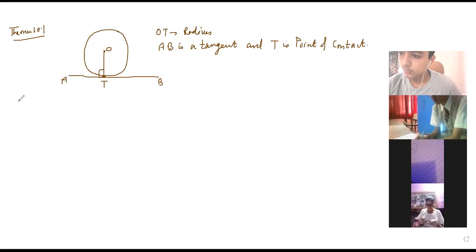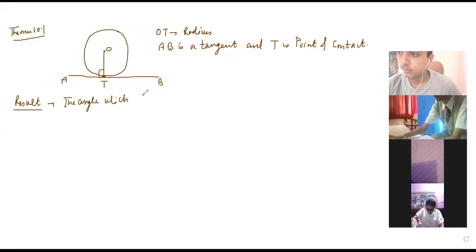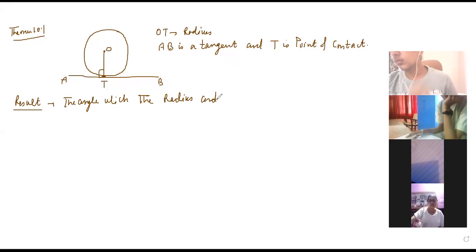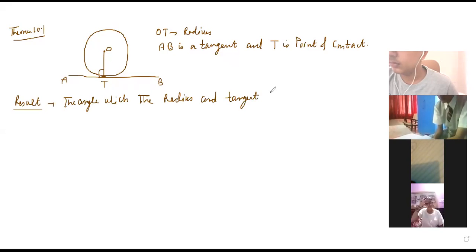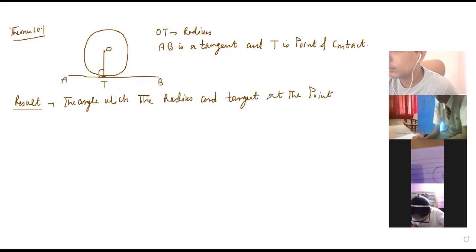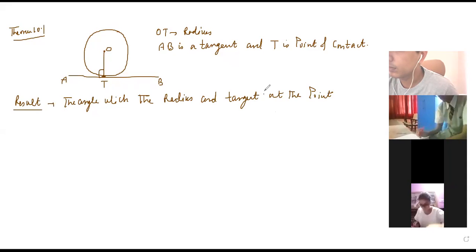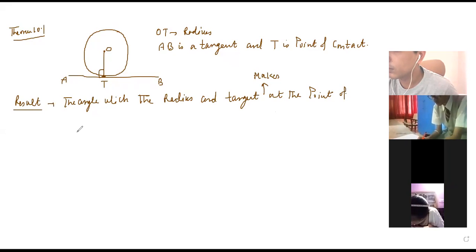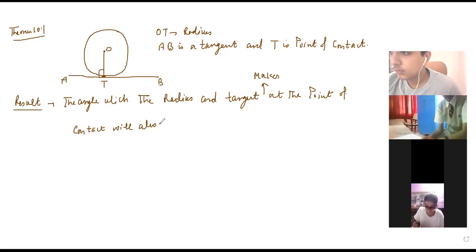So what am I writing as the result here: the angle which the radius and tangent make at the point of contact will always be 90 degrees.